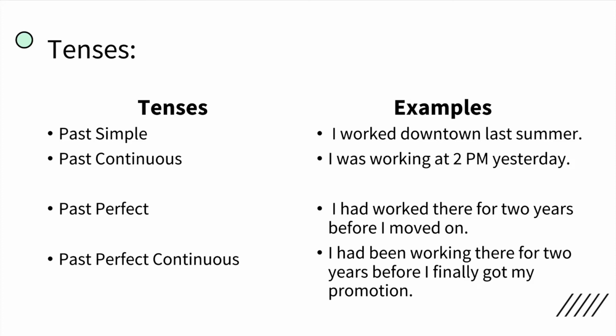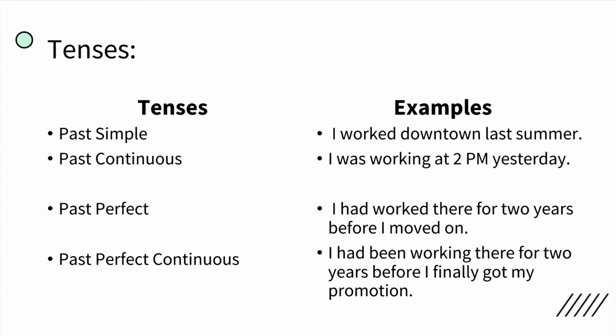We have the past perfect. I had worked there for 2 years before I moved on. This is used to describe past actions that happened before another past action or time. And we have the past perfect continuous.